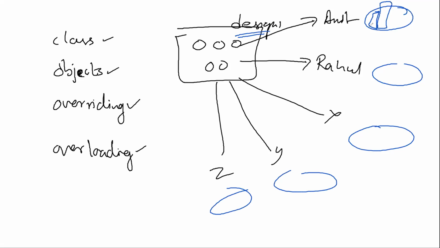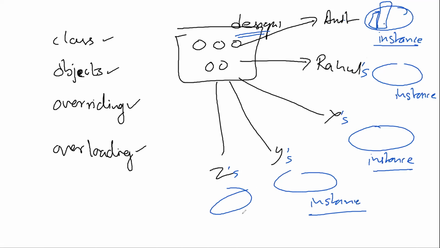So this is Amit's instance. This is Rahul's instance. This is X's instance. This is Y's instance. This is Z's instance.